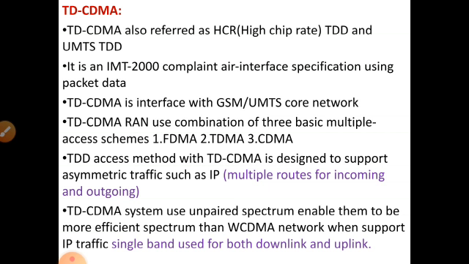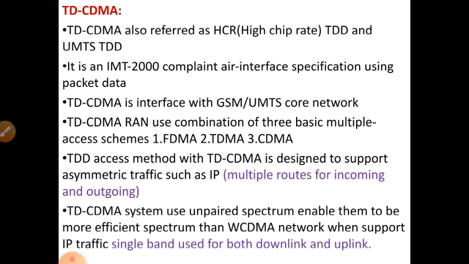This TD CDMA uses unpaired spectrum, and this unpaired spectrum enables it to be more efficient compared with the WCDMA network, that is wideband CDMA network, particularly for IP traffic. What is the meaning of unpaired spectrum? It uses a single band, and this single band is used for both downlink operation as well as uplink operation.